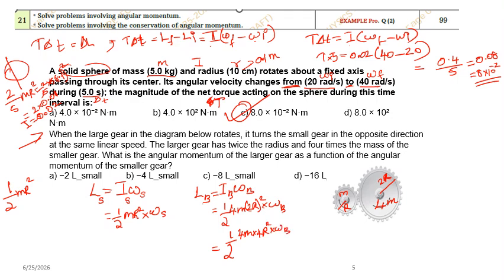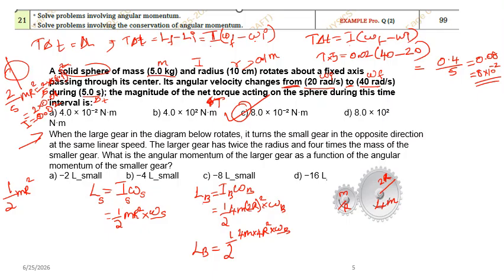The problem over here, this is the angular momentum of the larger gear. But unless we are aware of omega s and omega b, the angular velocity of the smaller one and of the bigger one, we cannot solve this particular question.